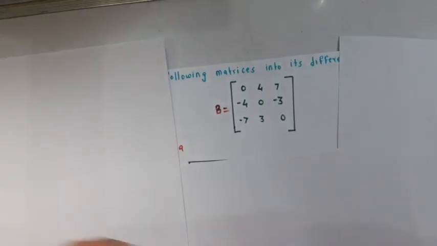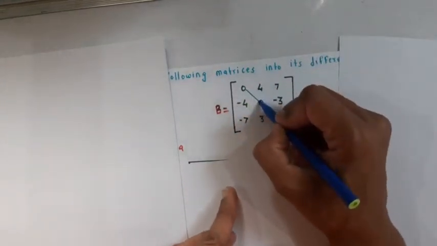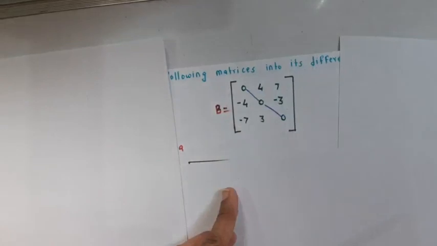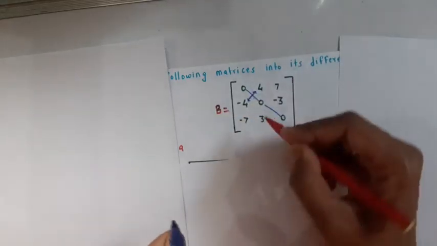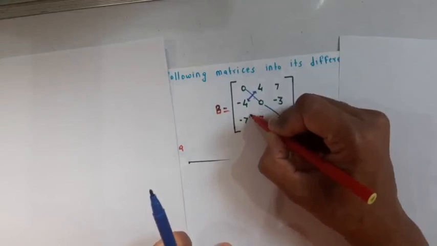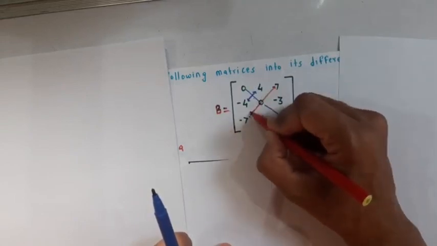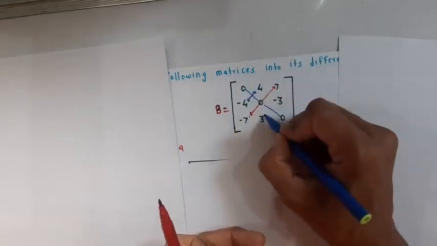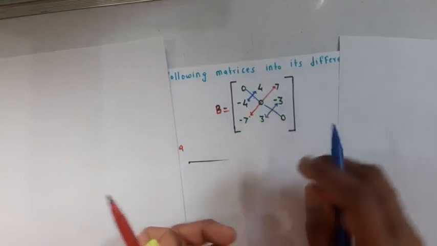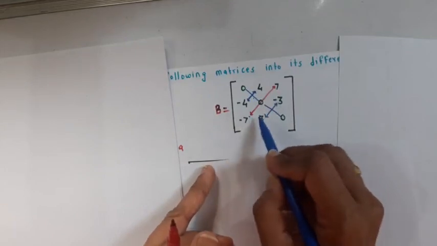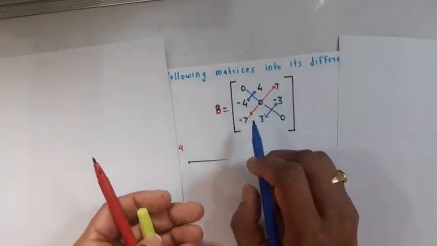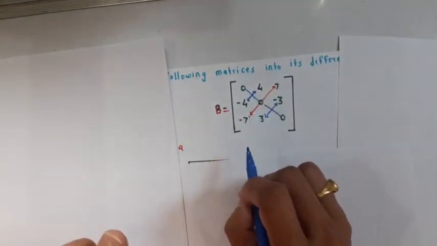See students, suppose this is the diagonal. This is 4 and the negative of 4 is minus 4. This is minus 7 and this is 7. Here this is plus 3 and this is minus 3. So by observation of these elements, which type is this matrix?